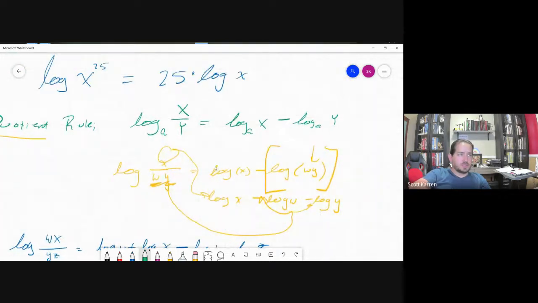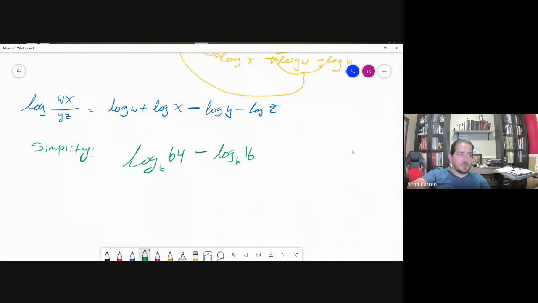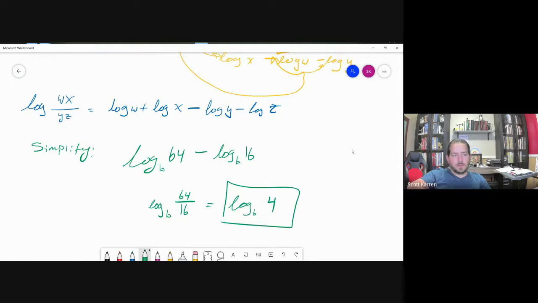The quotient rule says if you have the log of a quotient, you can go that way, but if you have the difference of two logs, you can turn it into a quotient. So I can rewrite this as the log base b of 64 over 16. And I can simplify that as the log base b of 4, since 64 divided by 16 is 4.